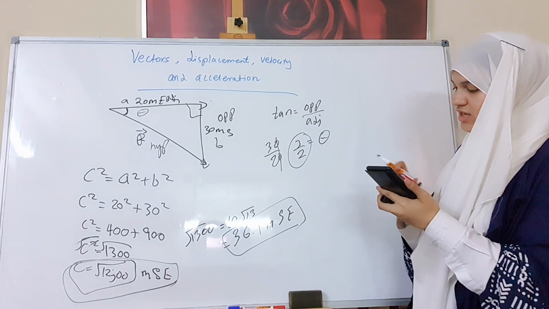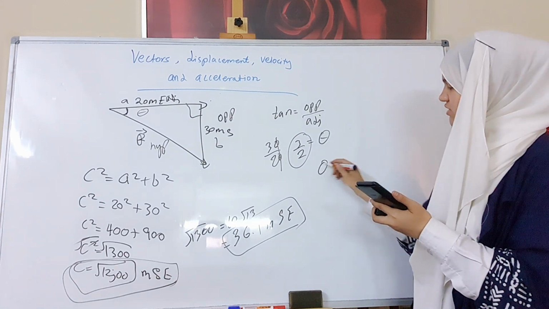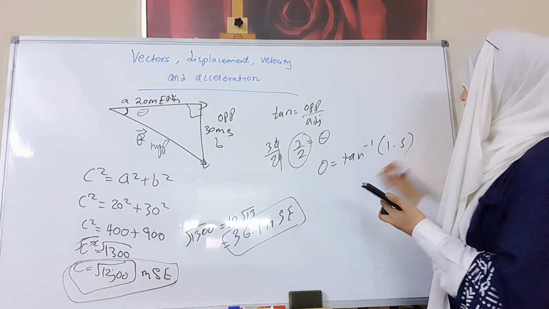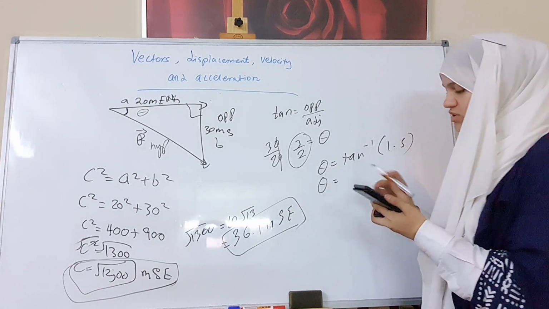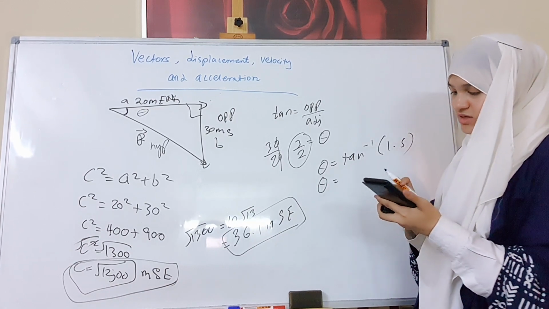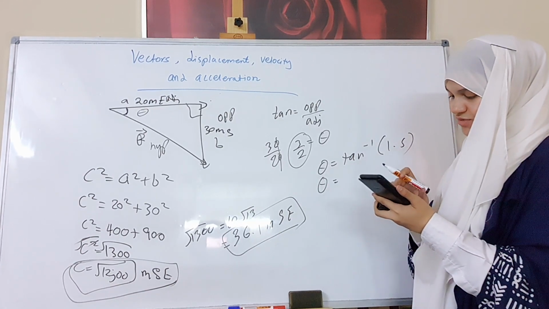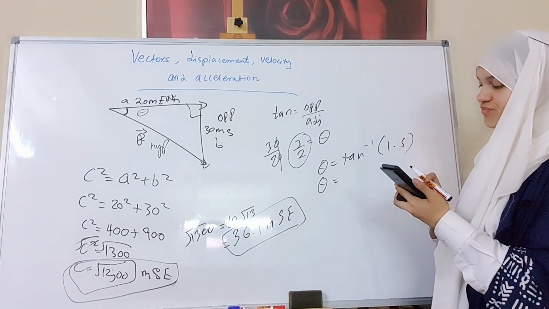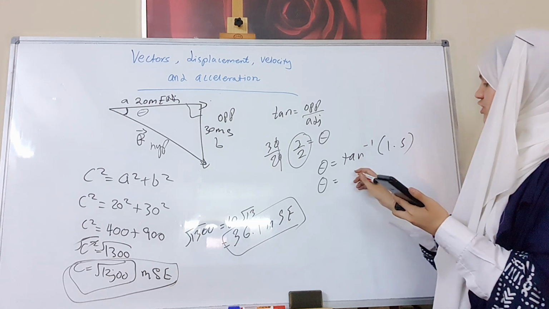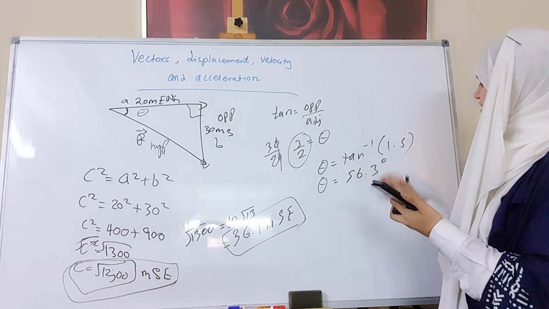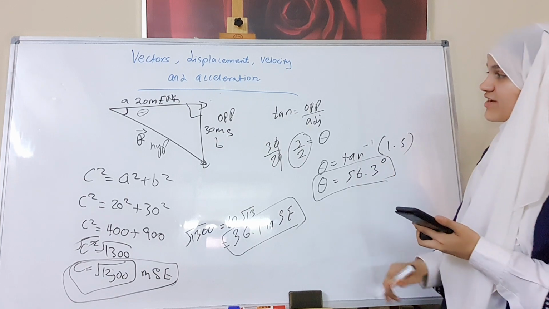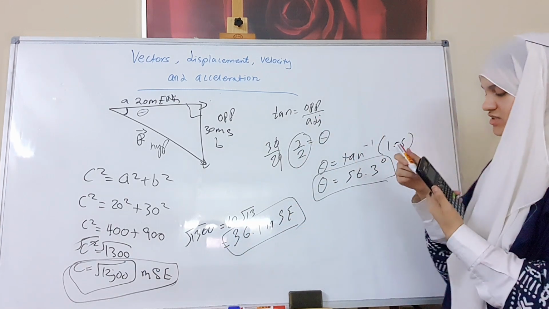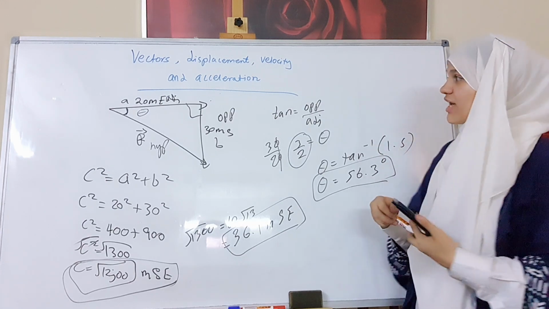That means theta is equal to tan negative 1 of 1.5. So for theta here, shift tan, then put 1.5. Then you will get at the end 56.3 degrees. That means you find the angle, and you find also the magnitude with the direction. So this kind of question you can solve it, okay?